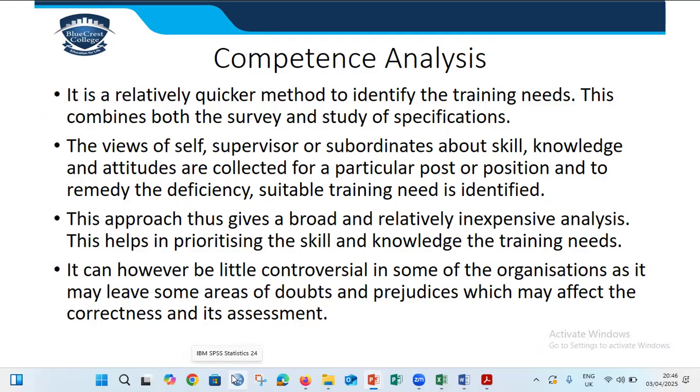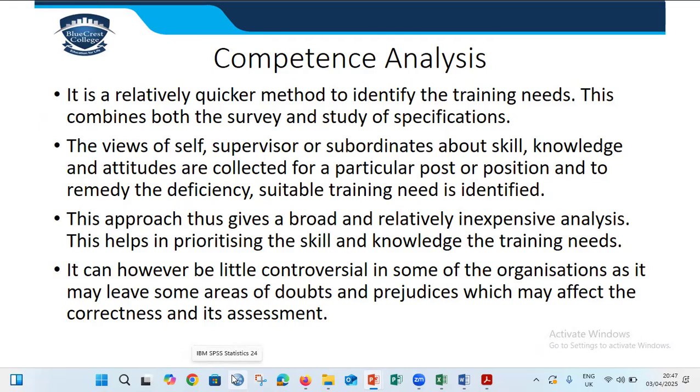Here the views of self, meaning the employee himself or herself, the supervisor or subordinates, about skills, knowledge, and attitudes are collected for a particular post or position. And to remedy the deficiency, suitable training needs are identified.